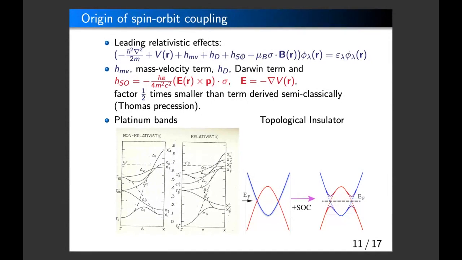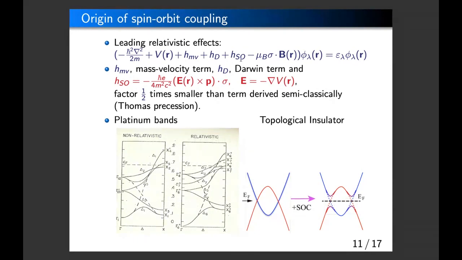And of course, the one I've been talking about is spin orbit coupling, but there are 2 others. There's the mass velocity correction, which is basically the corrections to the kinetic energy, and this Darwin term, which is a consequence of fluctuations of the electronic movement with some of the potential of the system.